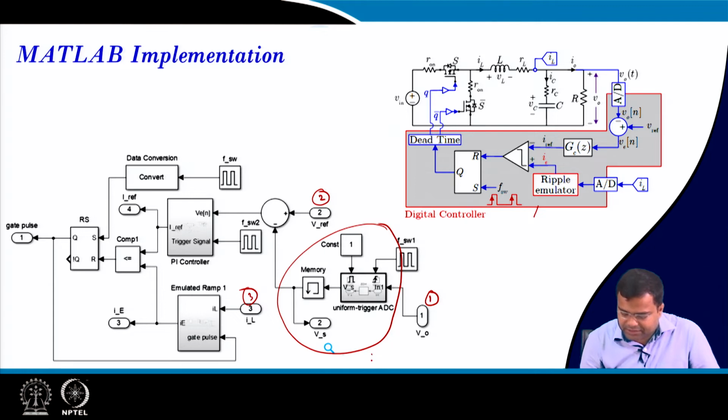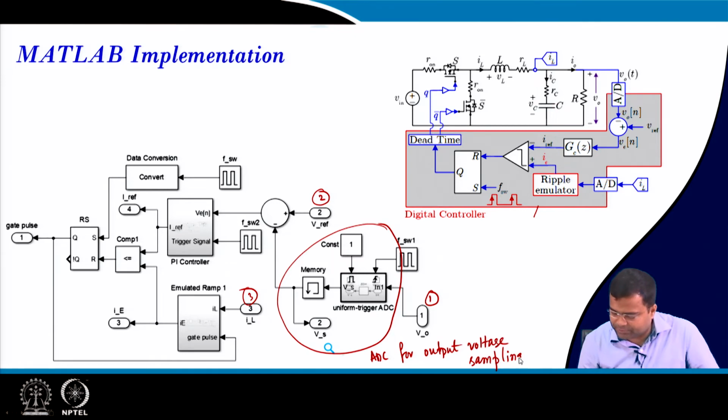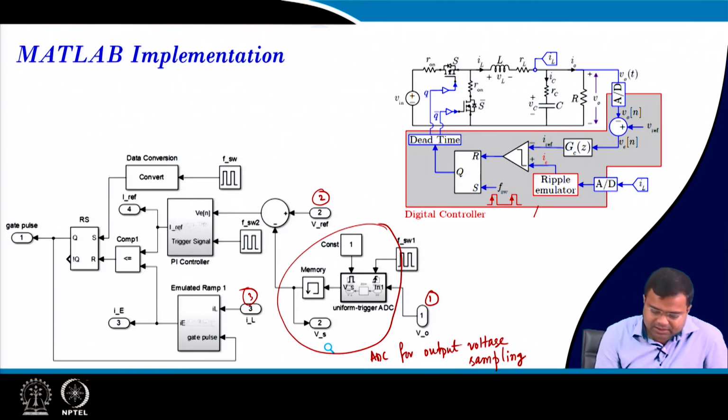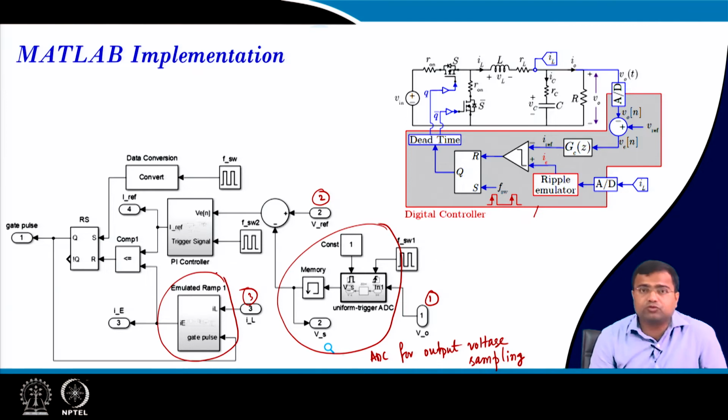This is your ADC for output voltage sampling. Next, the inductor current emulated ramp as well as the sampling block should be inside, and this is the PI controller.